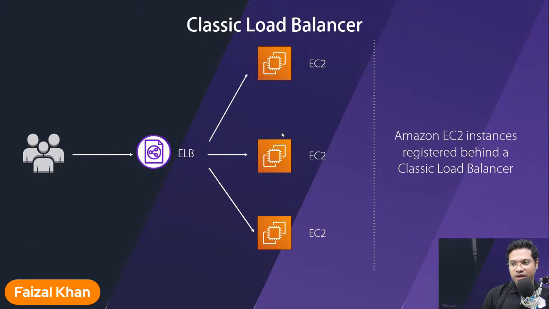It doesn't really look at what the traffic is or what it is not. Whatever traffic comes in, it'll just send it to the instances behind it. This is your classic load balancer, and this is deprecated now. You really don't want to launch a classic load balancer because the newer load balancers have a lot better functions than this, right? So you probably don't want to use this.